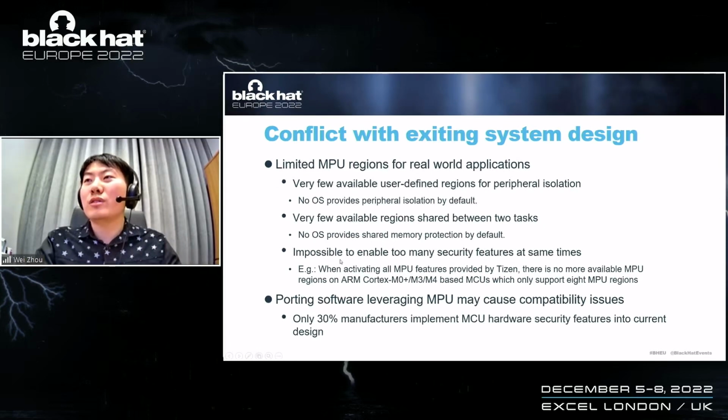And it's also impossible to enable many functions at the same time. As we can see, in Samsung Tizen OS, when it enables all the MPU features, it has no available MPU ranges for the developers. And porting the MPU to a real RTOS will also incur many compatibility issues. We have seen many complaints on the developer forum.